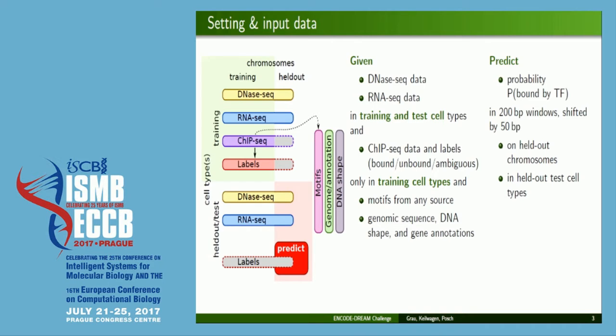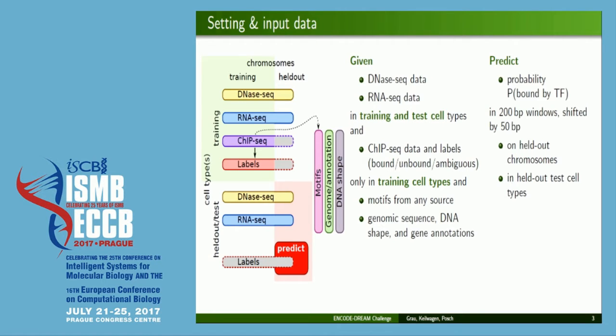We were provided RNA-seq data about gene expression, and for training cell types, we were also given ChIP-seq data specific for several transcription factors, and derived from that labels about a region on the genome being bound or being not bound by that transcription factor or being ambiguous.